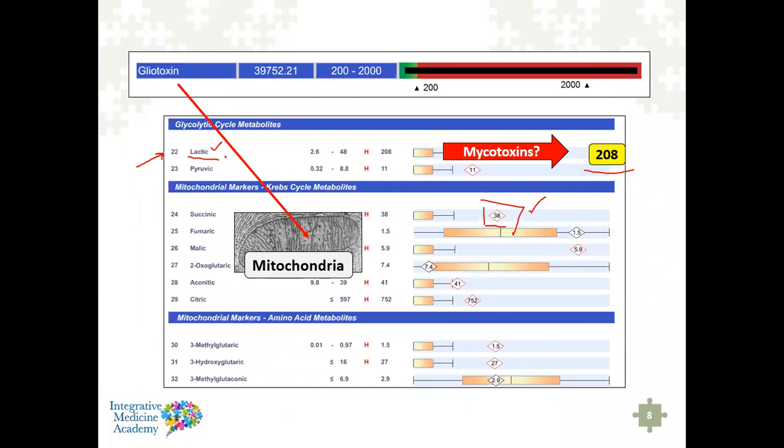When you see lactic, have a suspicion of potential for mycotoxins. As you can see in this particular case, this gliotoxin is extremely high, and gliotoxin will destroy our mitochondria or can at least greatly affect it.